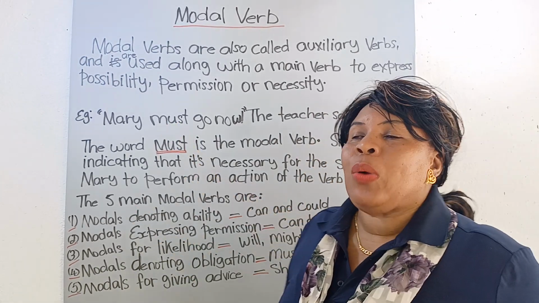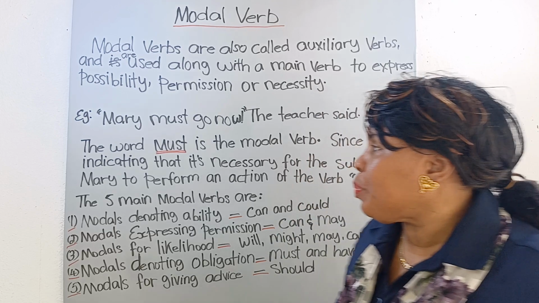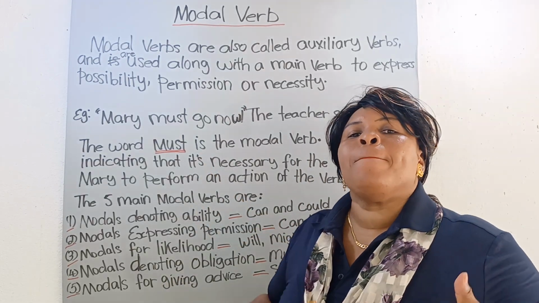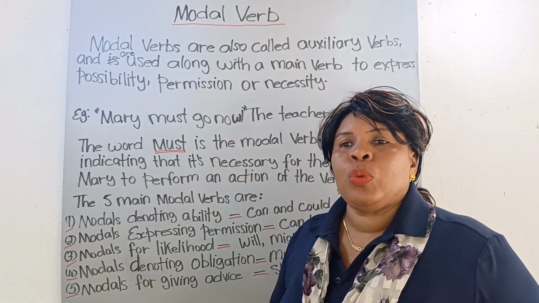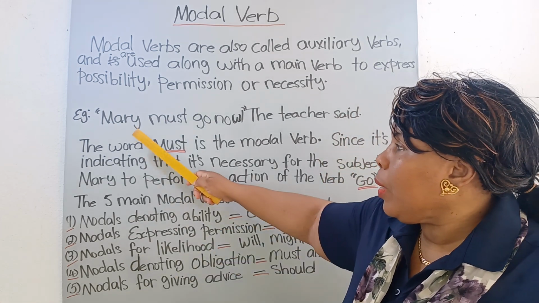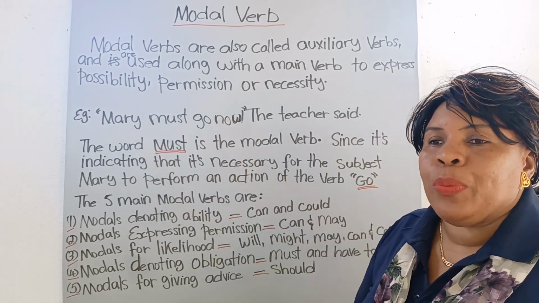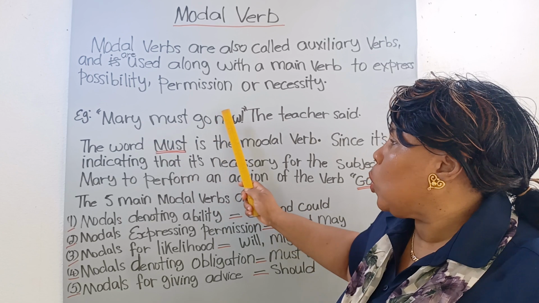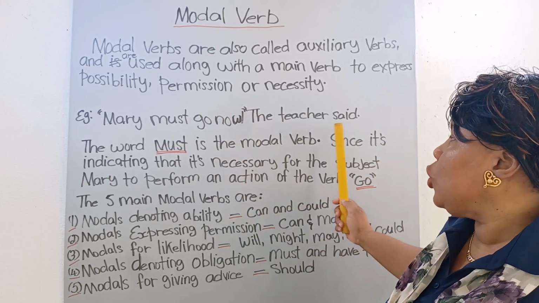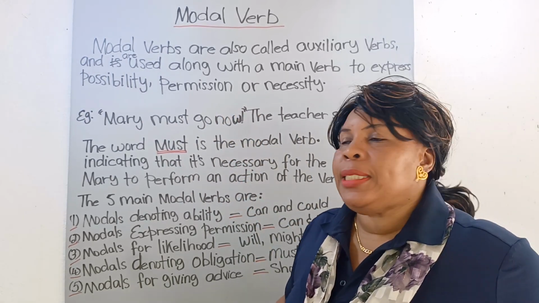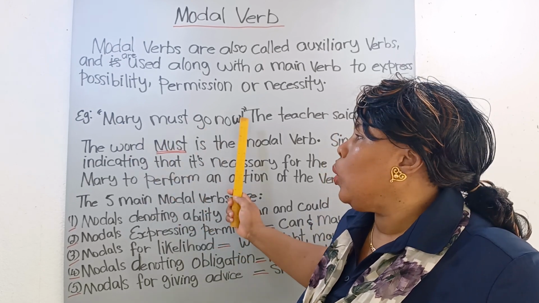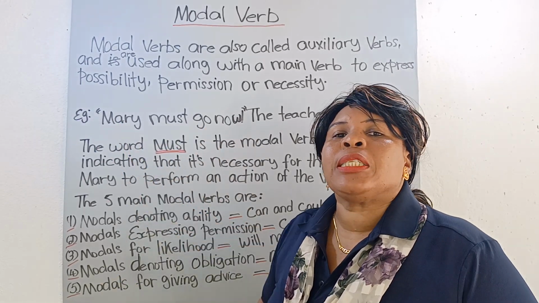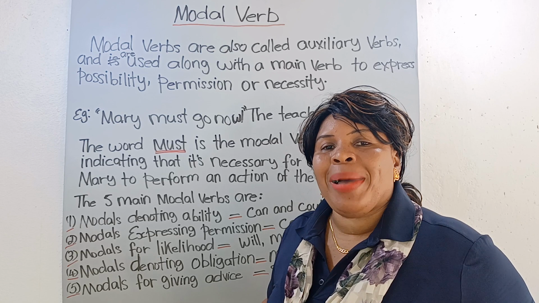Now I have written out an example here for you of how to use a modal verb. Mary must go now. The teacher said Mary must go now. Mary is the subject, and she has to perform a task.